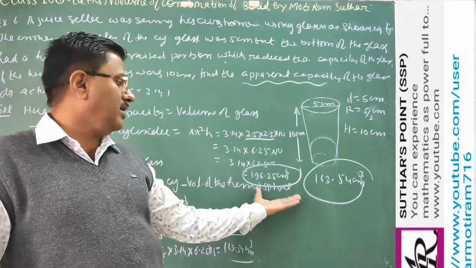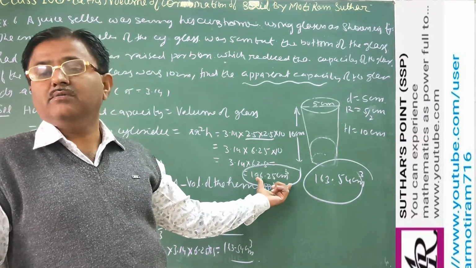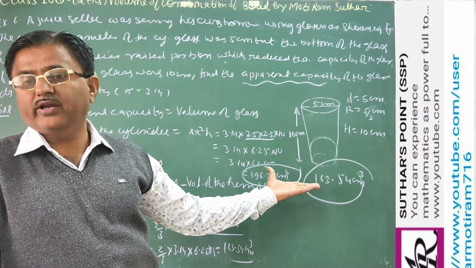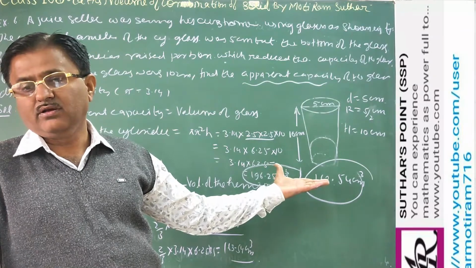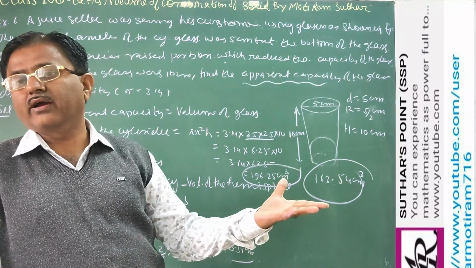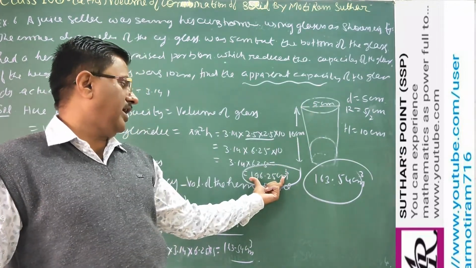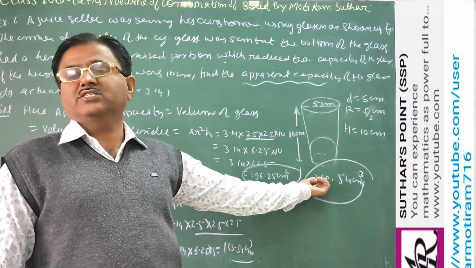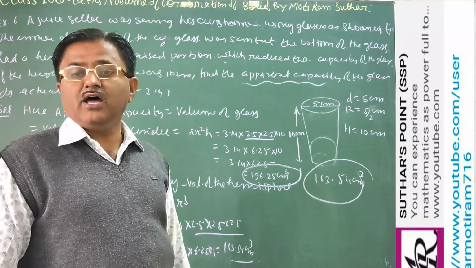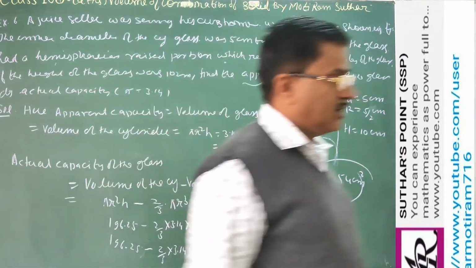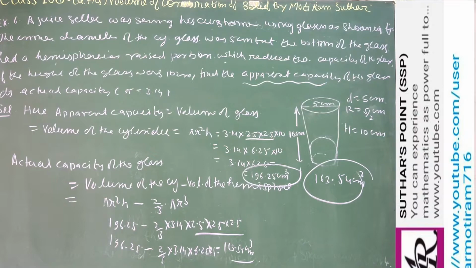So that's why he is running the business or shop and getting profit, and we are in the loss, because apparent capacity is 196, but we are getting what? 163. So this is the application of volume.